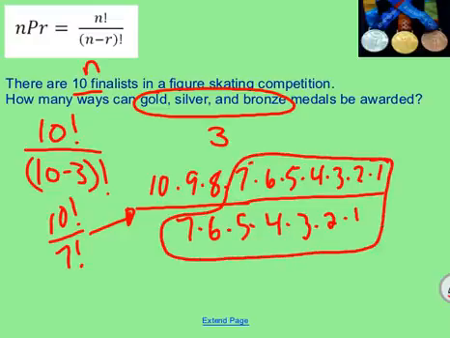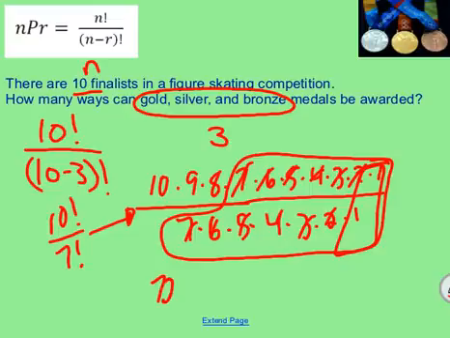All this stuff, 7 divided by 7 is 1. 6 divided by 6 is 1. 5 divided by 5, 4 divided by 4. All these reduce to just 1 over 1. Well, 1 times 8, or 1 divided by 8, doesn't change the value, so you're just going to have 720 ways. 8 times 9 is 72, times 10 is going to be 720 ways.